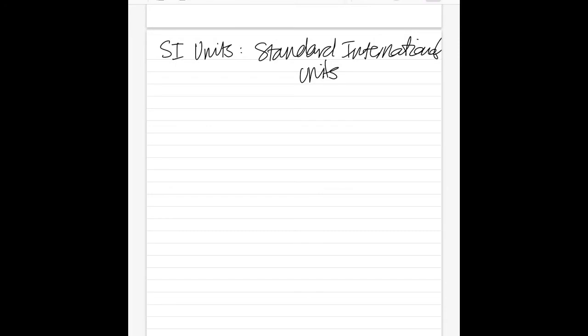Okay, let's talk about a couple of the SI units. If you are dealing with mass, the unit for mass is the kilogram, abbreviated kg. This one is a special case because it is the only one that uses a prefix. The rest of them are just straight base units.